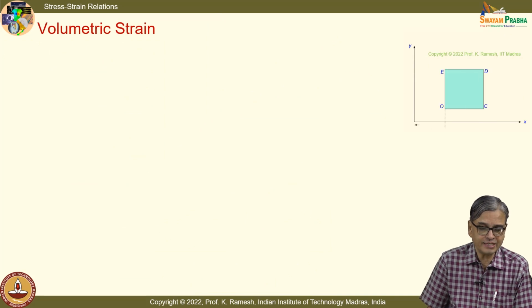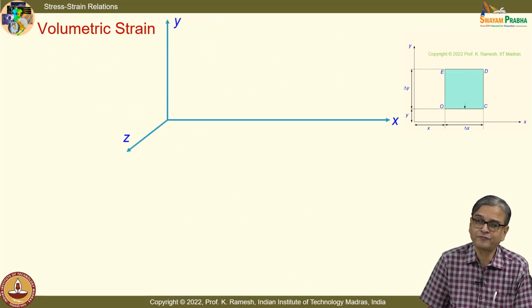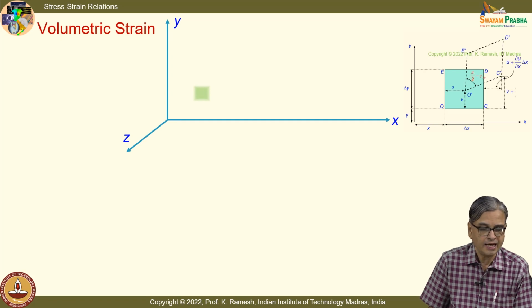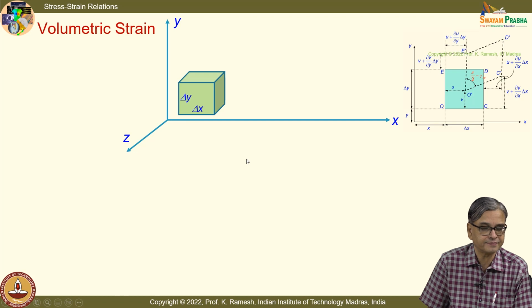So, what I am going to see here is, instead of just a line, I will take a cube that has dimensions delta x, delta y and delta z. That means I have a line which is parallel to x-axis to start with, parallel to y-axis to start with, parallel to z-axis to start with.